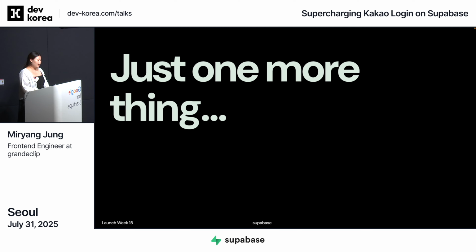Supabase already had a built-in feature called sign in with OAuth for login, and on the web, it worked perfectly. But when I tried it in a mobile app, a problem showed up. Instead of going straight to the KakaoTalk app, a web view opened inside the app and asked for an ID and password. That's where my real thinking began.